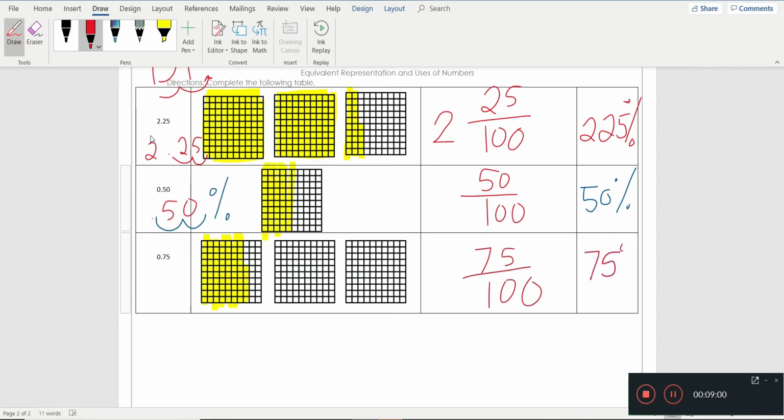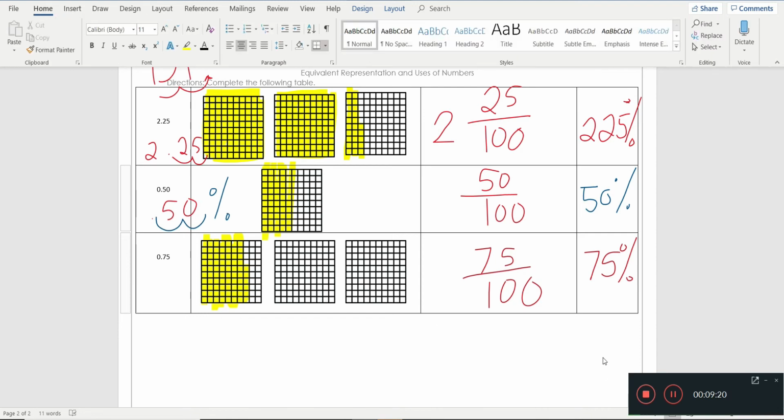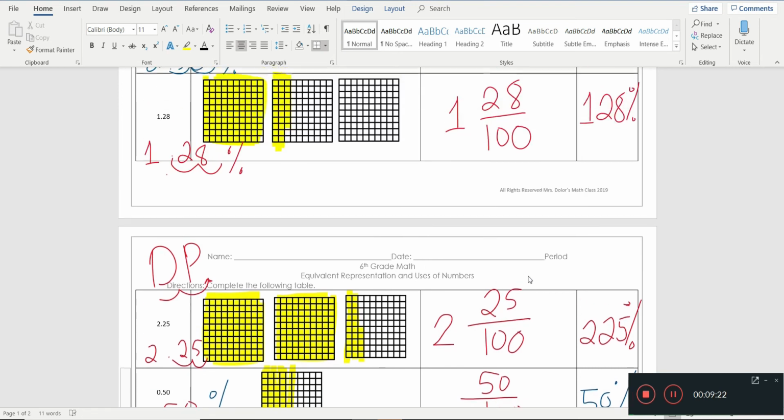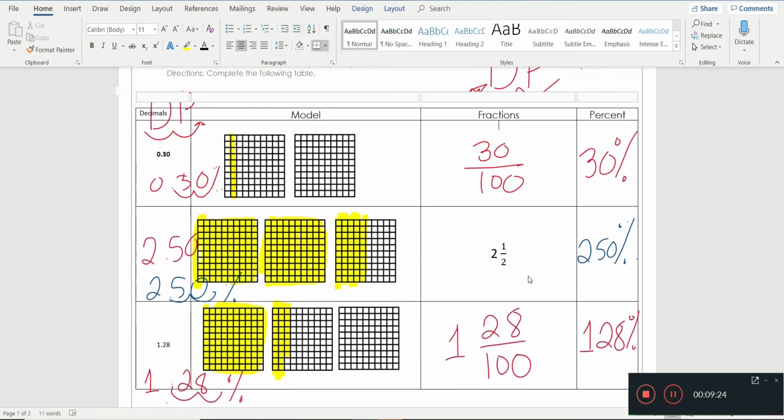75 over 100. Okay. So of course on the last one you don't have to shade this too because it's just unnecessary. Not shading means 0. So that's how you're going to complete and understand converting decimal to percent, modeling it, and decimal to fraction, and fraction to decimal.